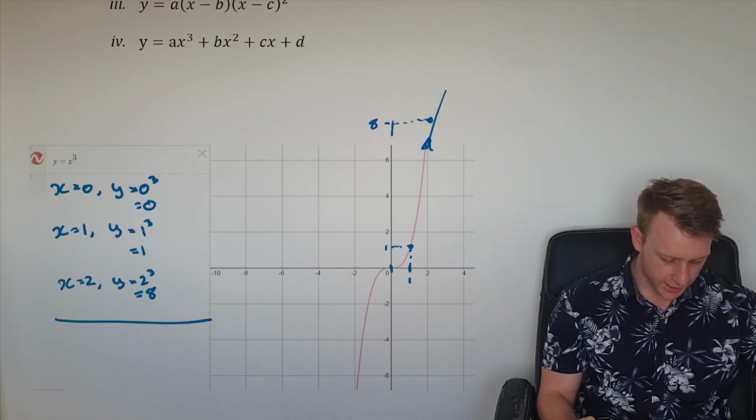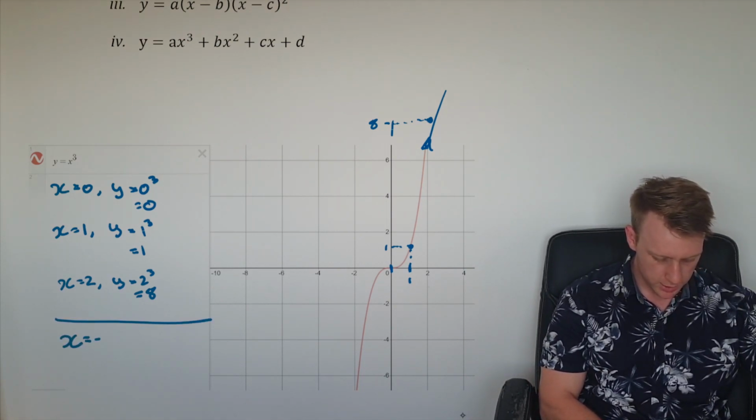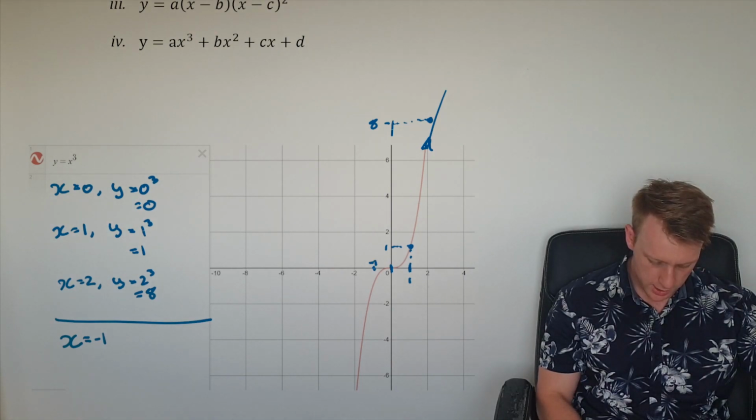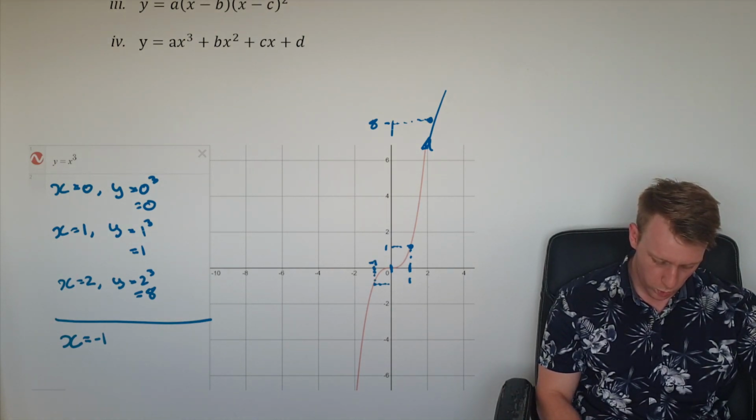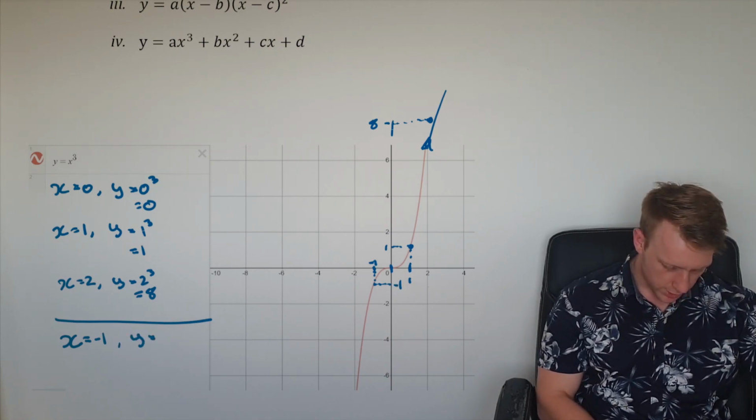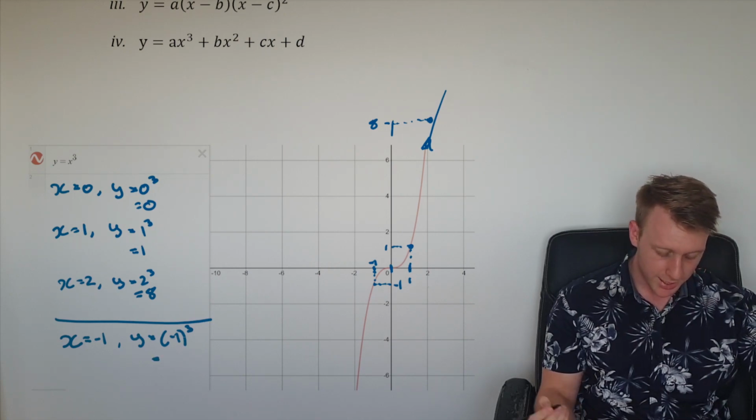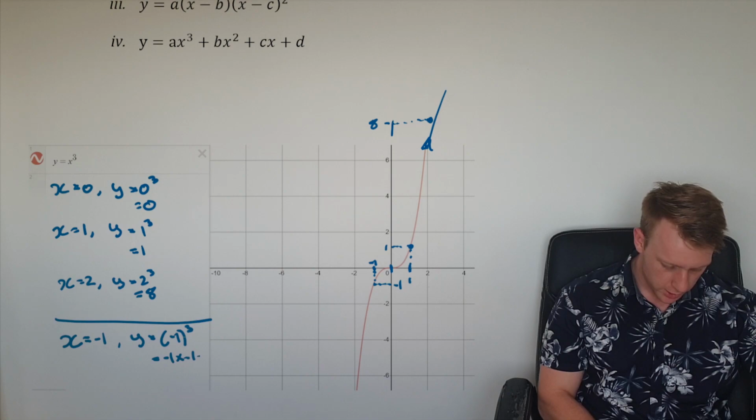Okay. We can consider the negatives. So when x is equal to -1, this point here, we can see the corresponding y value is going to be -1. And if we substitute it in, -1 cubed is equal to -1. -1 times -1 times -1.